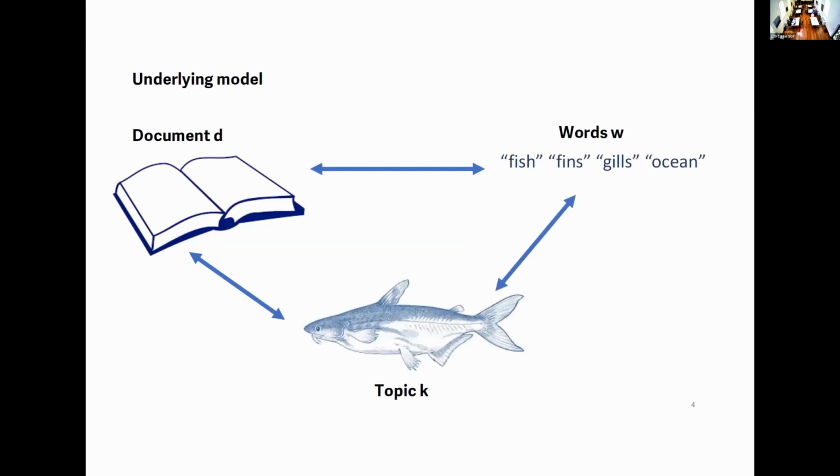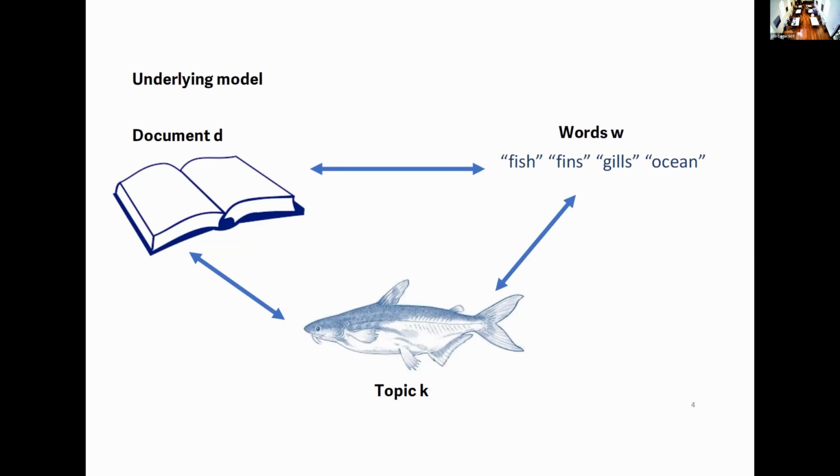So here is the underlying model. We've got a bunch of documents that contain a bunch of words. And we suppose that every document canvasses one or more topics to some varying degree of emphasis, and that those topics have associated with them particular words that are more likely to be used in relation to those topics.